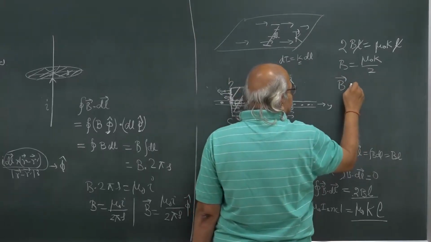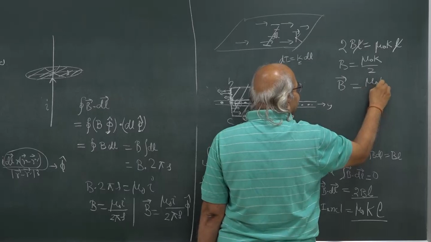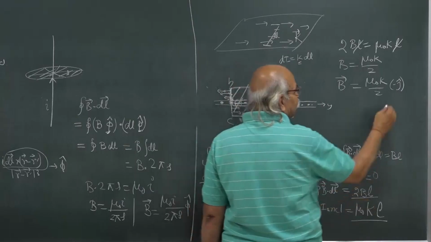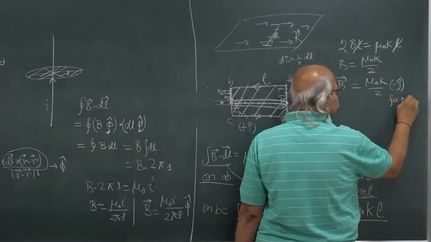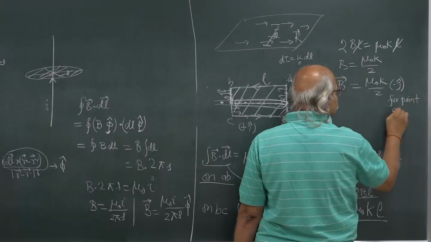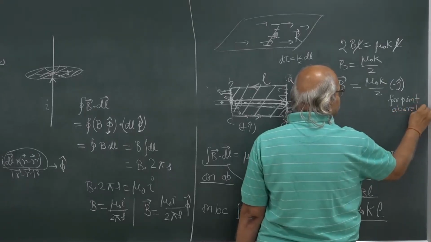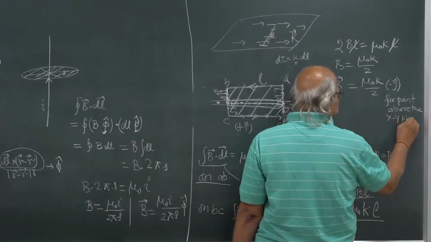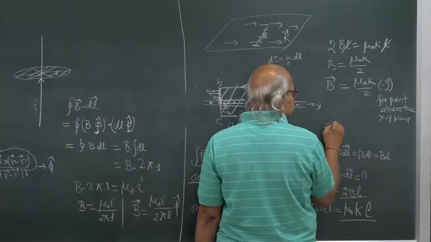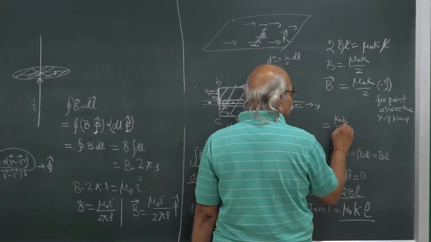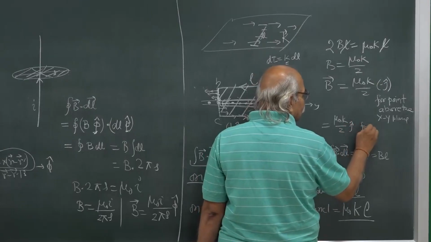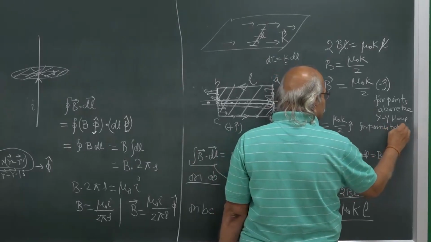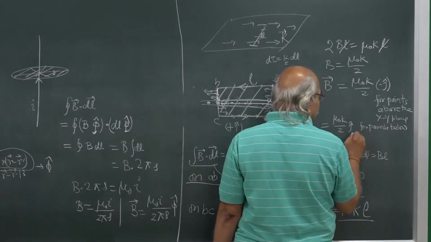And B vector is equal to mu naught K by 2 minus j cap for points above the xy plane, and this is mu naught K by 2 j cap for points below the xy plane.